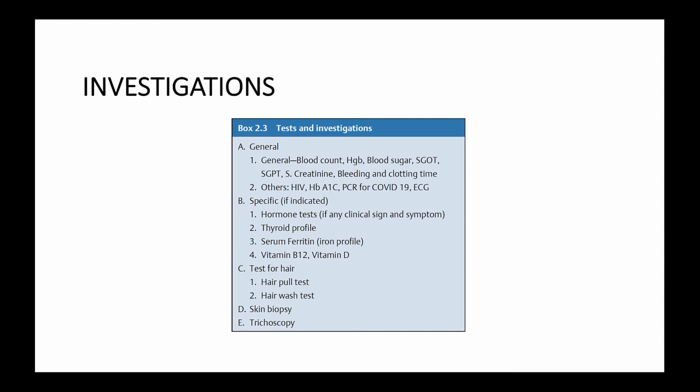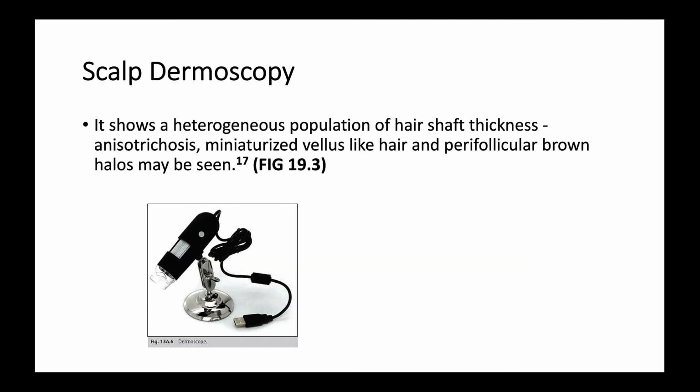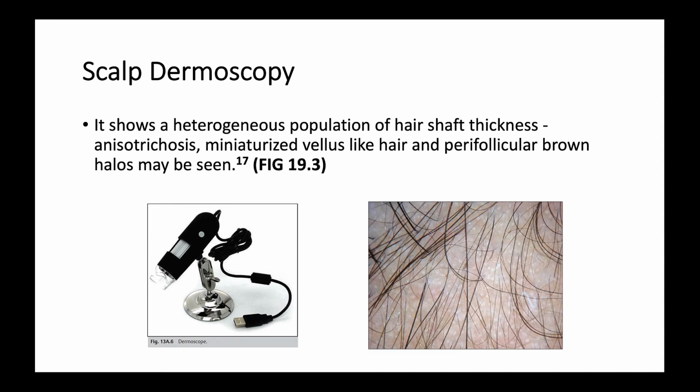It should be in your office setup. Always you should examine the scalp by using the dermoscope or by trichoscopy. This is the dermoscope. As I explained, the classical picture is a heterogeneous population, meaning thick hair, there can be intermediate thinness of hair, and there can be very thin hair. So this is the heterogeneous population.